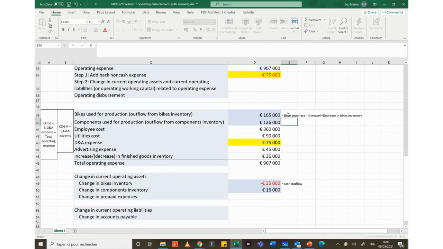And now I have the cash outflow. It means I have minus the increase in bags inventory. I know it's the reverse, it's plus. I want plus the cash outflow, sorry, plus the increase. So here I do the reverse, sorry, D4 minus D3.